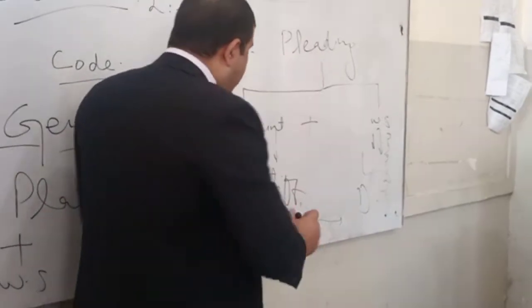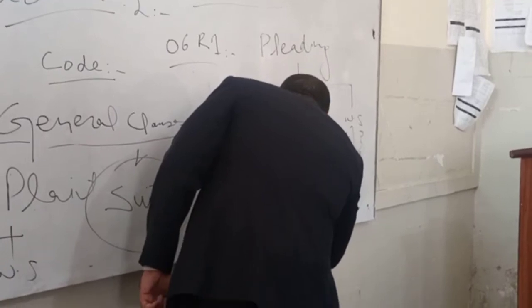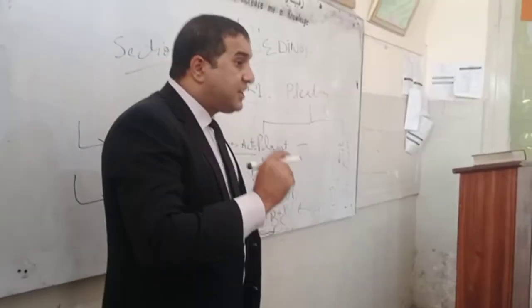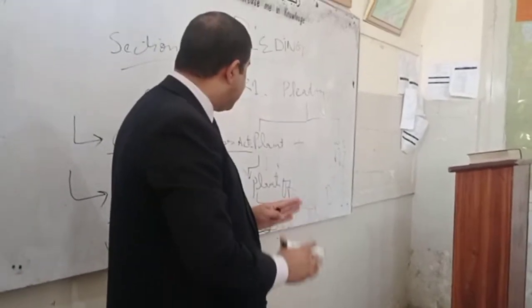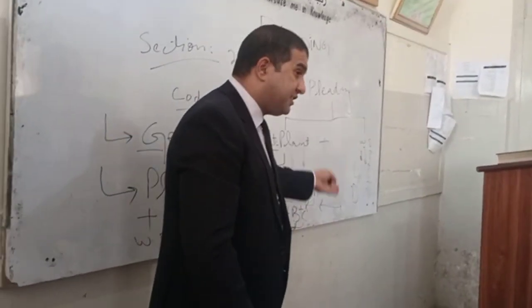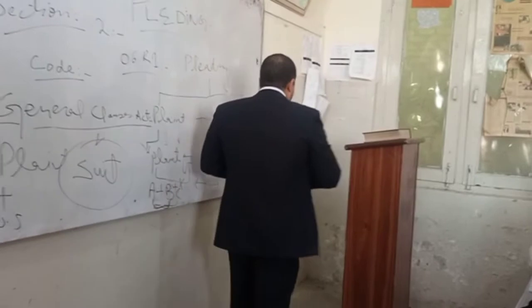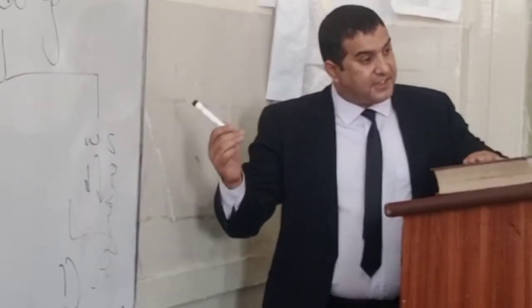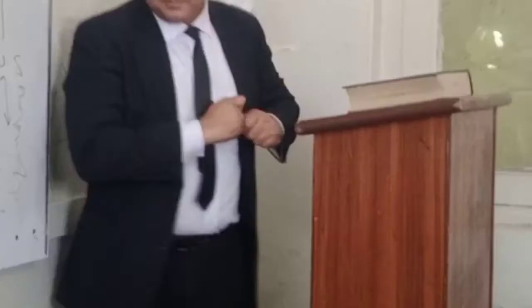In that scenario, C cannot be joined as plaintiff with A and B, because they don't have the same, identical assertions against D. To cut it short, only those persons could be joined as plaintiffs who have the same assertions, the same allegations against the defendant, against the adverse party.